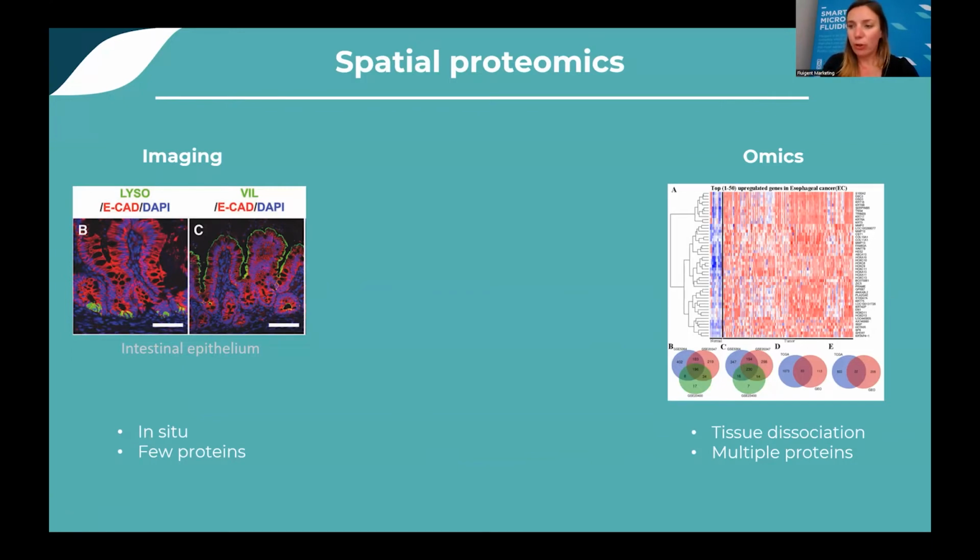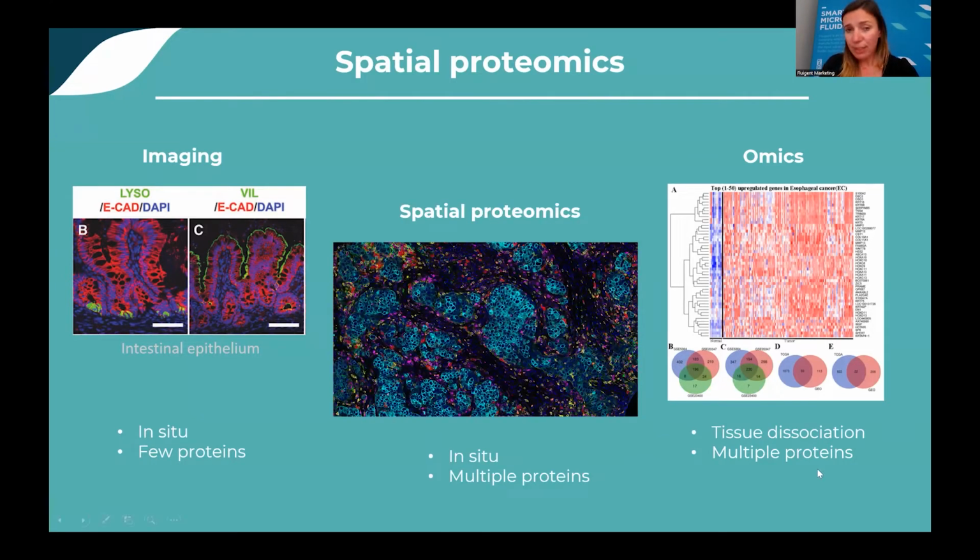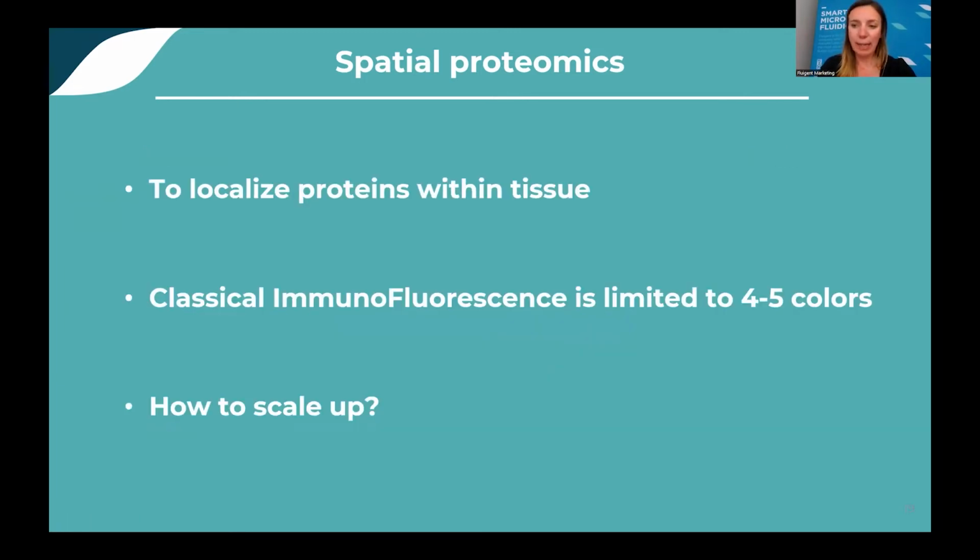To overcome these issues, several new protocols have been implemented to perform spatial proteomics and visualize multiple proteins directly in situ. The aim of spatial proteomics is to localize multiple proteins within tissue, which is not possible with classical immunofluorescence that is limited to 4 or 5 colors. So the question is how to scale up.